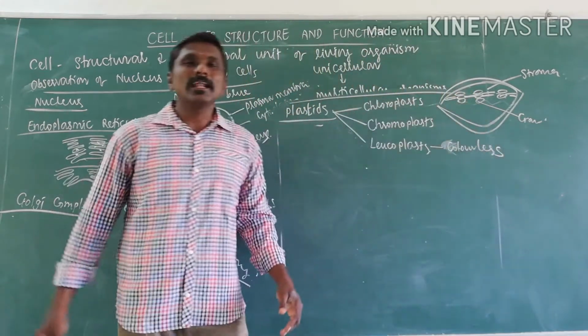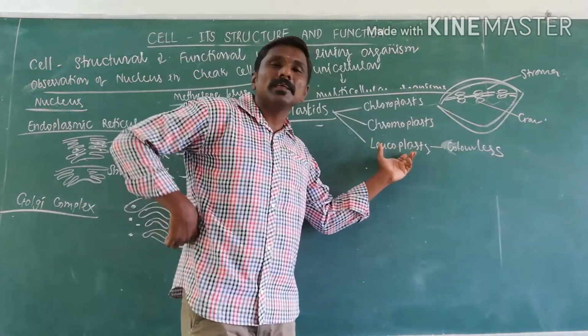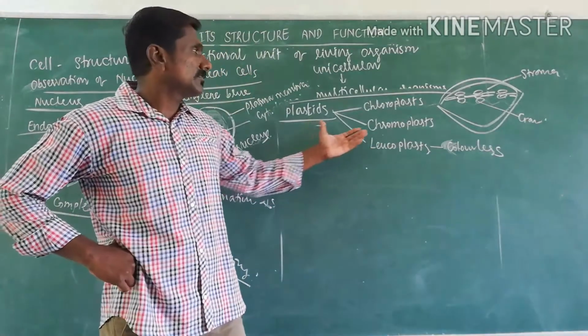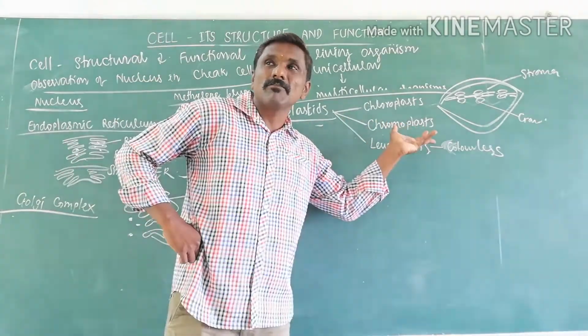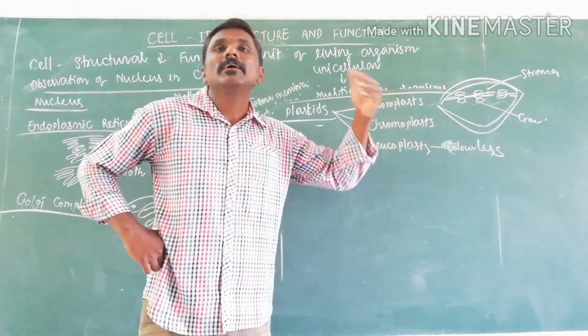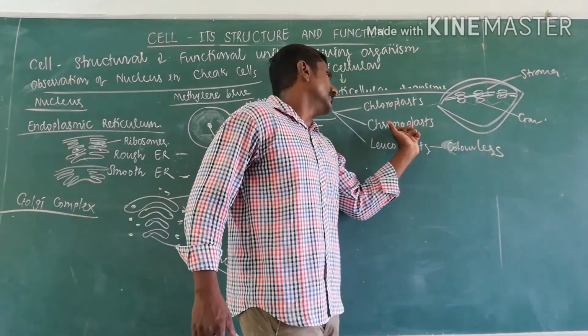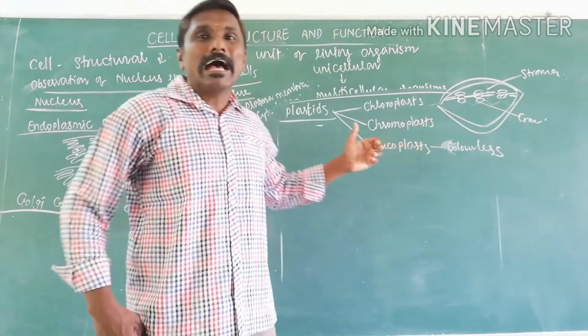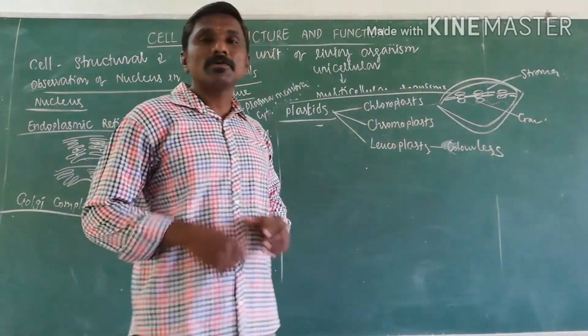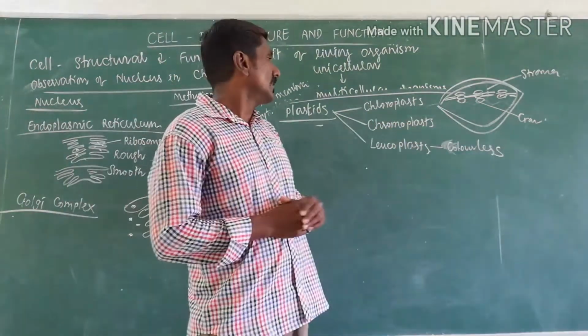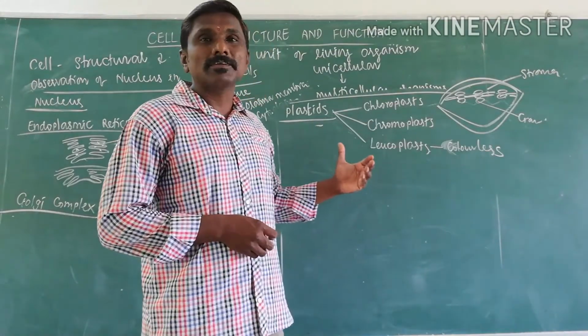These are the colorless, non-green plastids. The chromoplasts are observed in the flowers, petals and fruits of the plant, and the oil soluble pigment chromogen is there in the chromoplast.